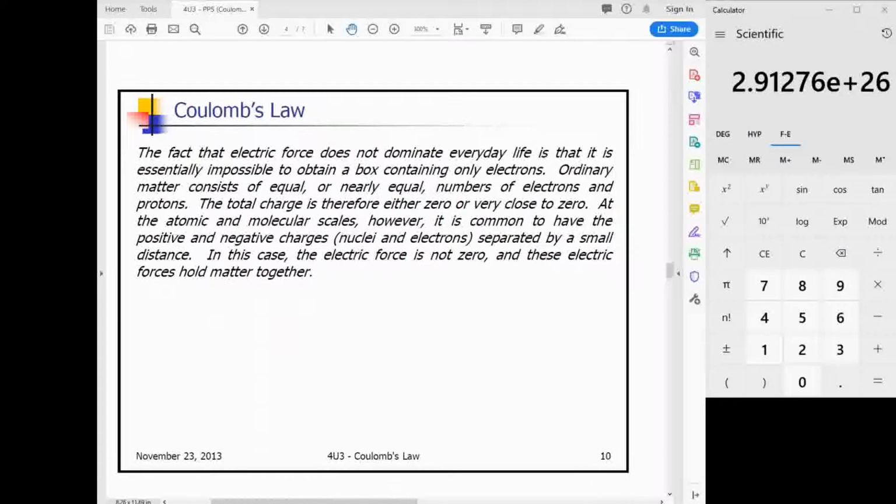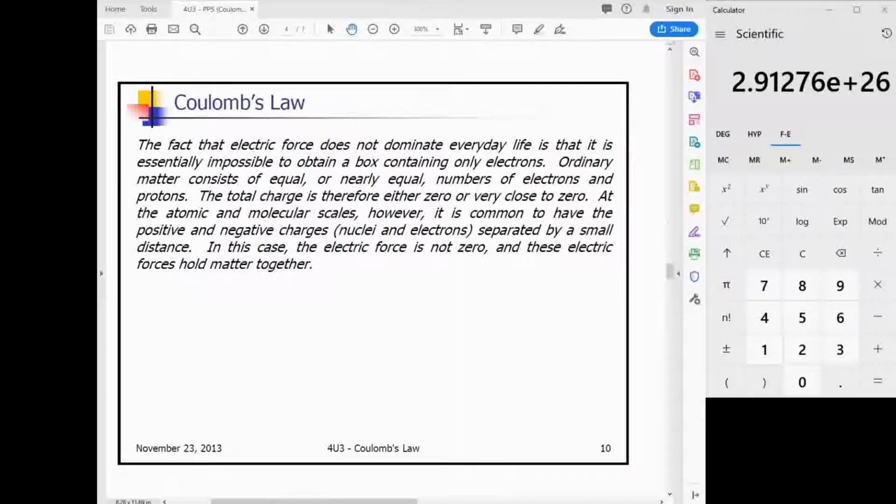The answer is because we don't usually have charges that are that high. For every proton in the universe there is an associated electron, so most of what we experience is electrically balanced.